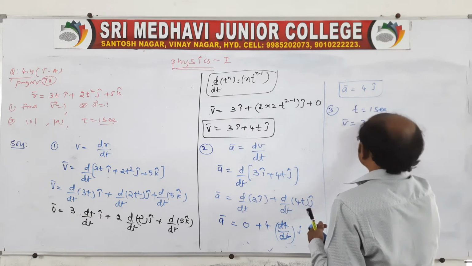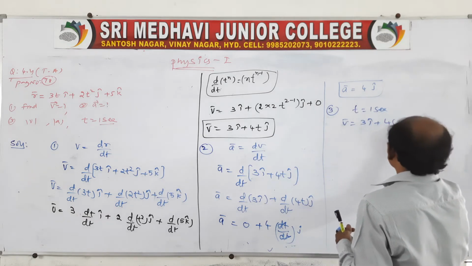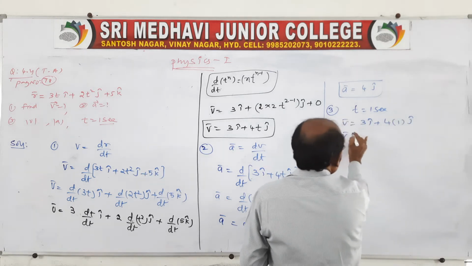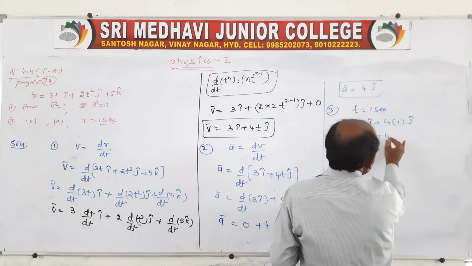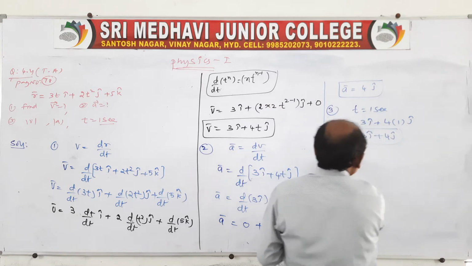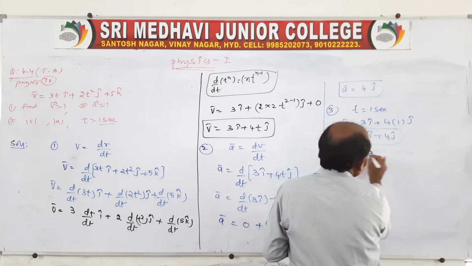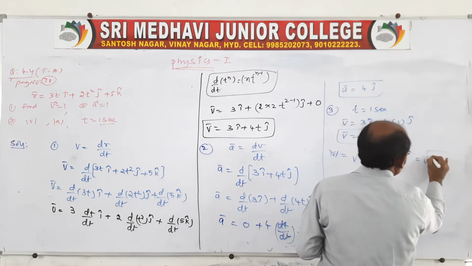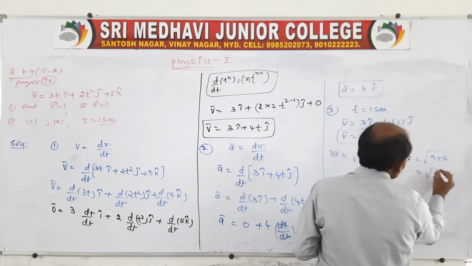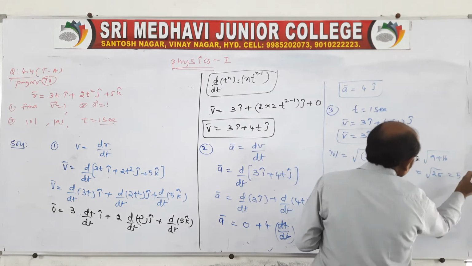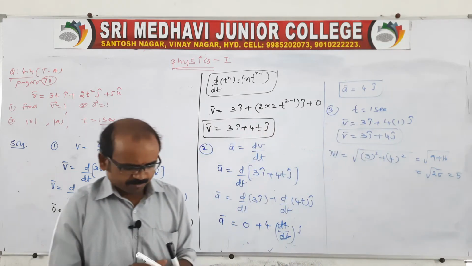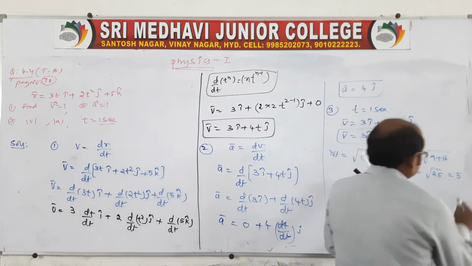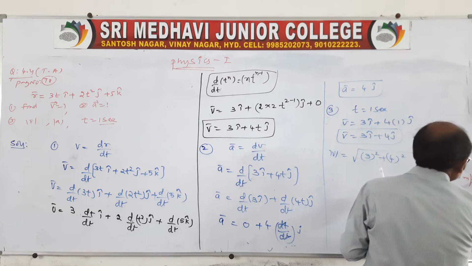So v bar is equal to 3 i cap plus 4 of 1 j cap, that is 3 i cap plus 4 j cap. Now the magnitude is root over 3 square plus 4 square, that is root 9 plus 16, we get root 25. So it is 5 meter per second, because it is velocity. Here you write the units, meter per second.